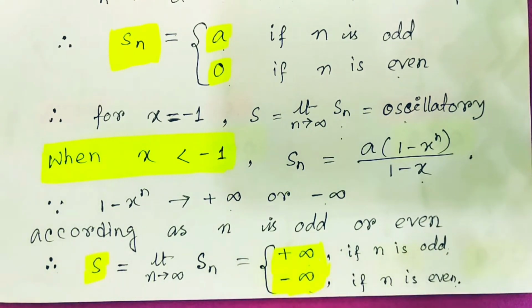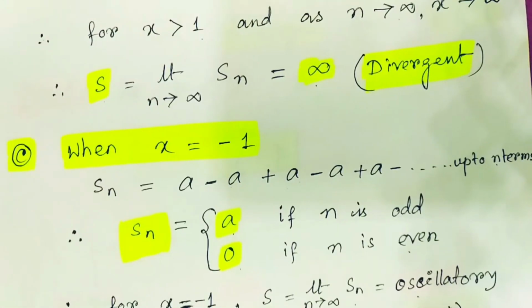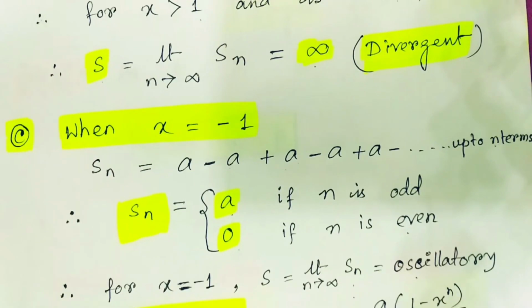So again we get two limiting values, lying between minus infinity and plus infinity. If x lies from minus infinity to minus 1, then it is an oscillatory sequence. Hence it oscillates infinitely, and thus we may conclude that as the variable x changes, the terms of the given infinite series also change, and the series may be convergent, divergent or oscillatory.